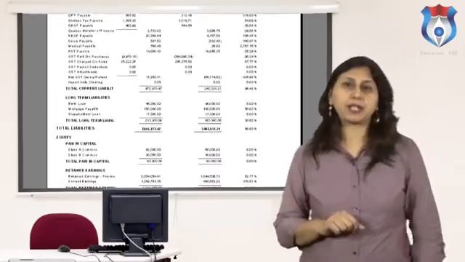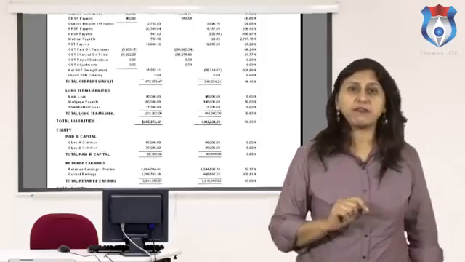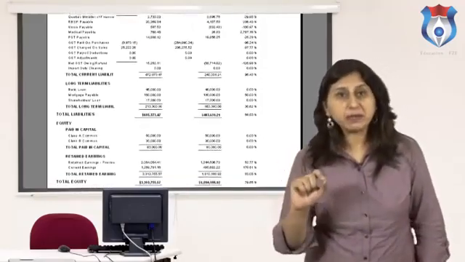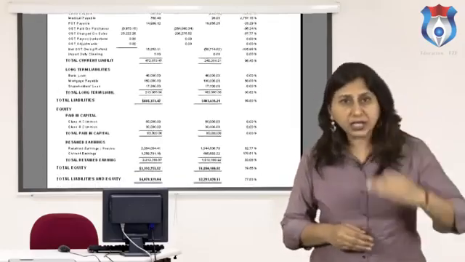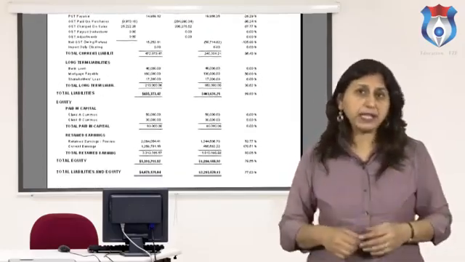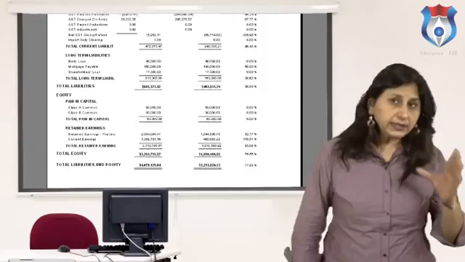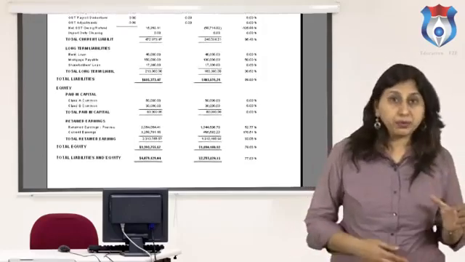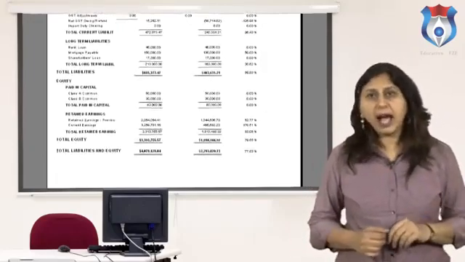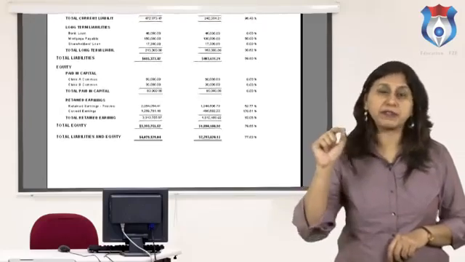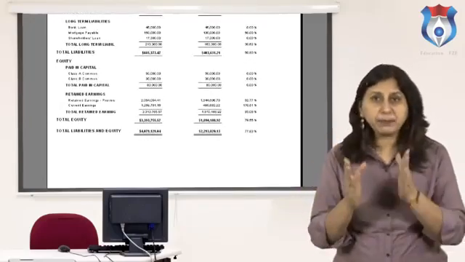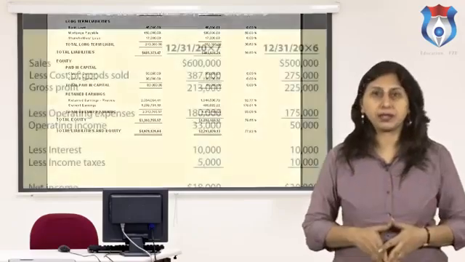The next aspect to be studied in a comparative balance sheet is the profitability of the concern. The study of increase or decrease in profit will help the interpreter to observe whether the profitability has improved or not. After studying various assets and liabilities, an opinion should be formed about the financial position of the concern.